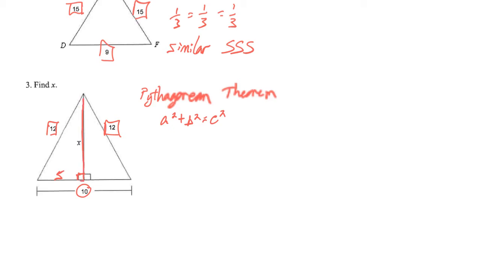So I know this piece is going to be 5, and then I can use the Pythagorean theorem to solve for x. Remember, the hypotenuse is always the c. The other two are a and b. It doesn't make a difference which one's which for a and b. So you set it up, solve for x.